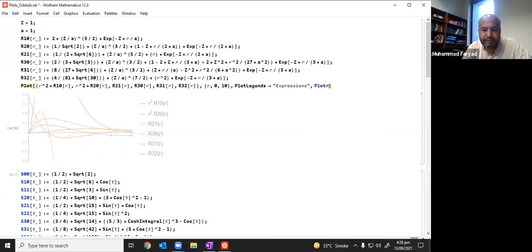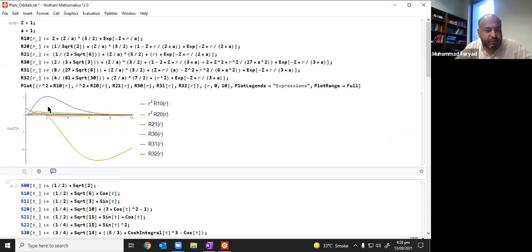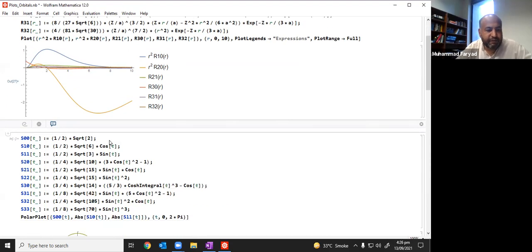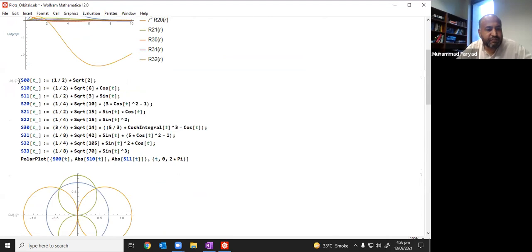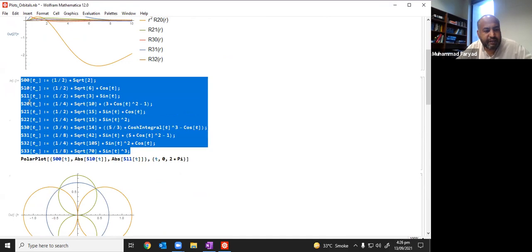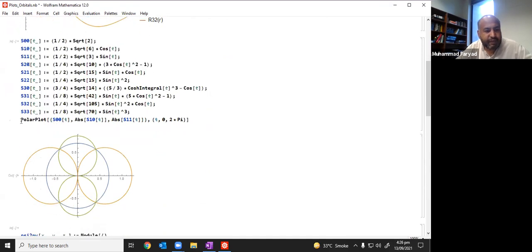Plot range to full. So this gives the full plot. Anyway, these are the functions that we have, and then these are spherical harmonics. This T represents theta. I just took it from table 5.1. So these are the spherical harmonics, and I'm giving a polar plot just for you guys to visualize them.